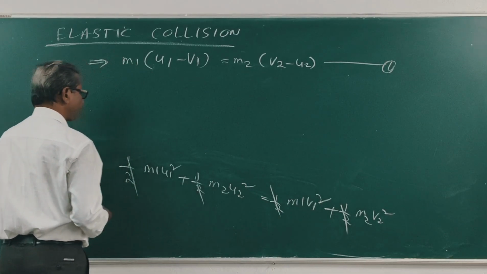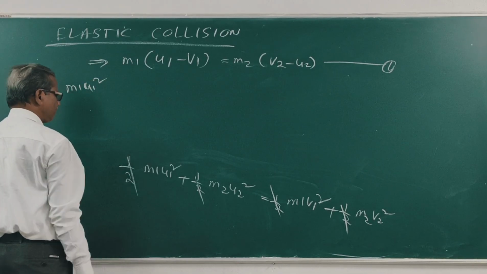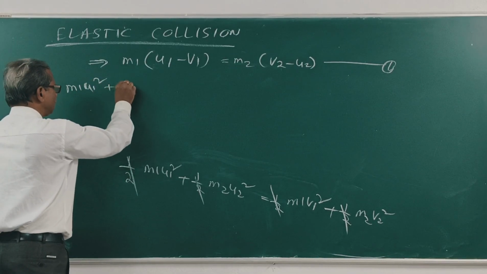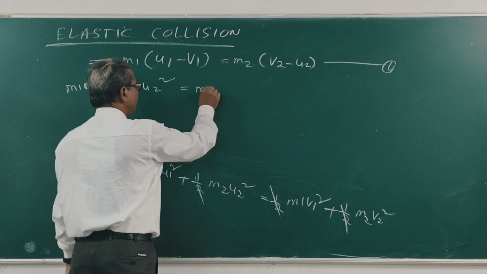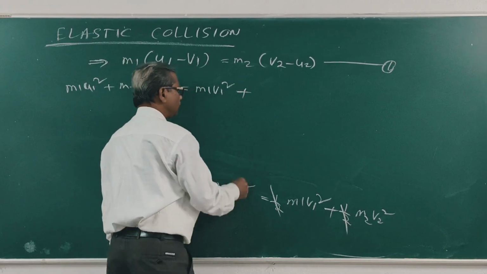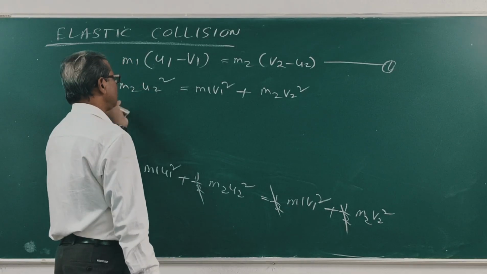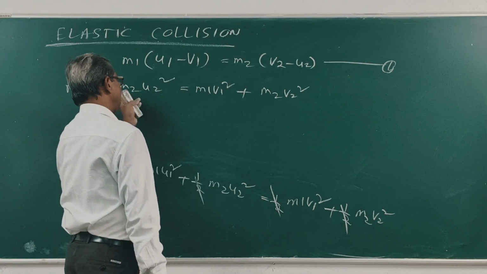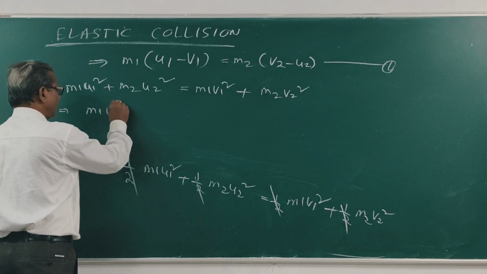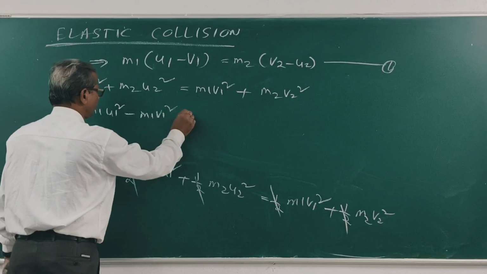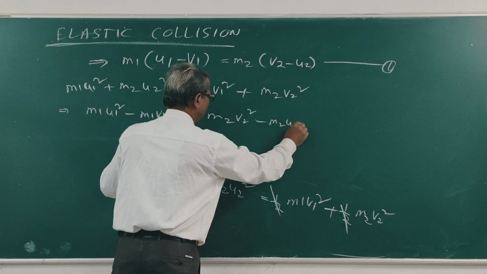This implies m1 u1 square plus m2 u2 square is equal to m1 v1 square plus m2 v2 square. Clear? So bringing m1 v1 square to this side and m2 u2 square to that side, this implies m1 u1 square minus m1 v1 square is equal to m2 v2 square minus m2 u2 square.